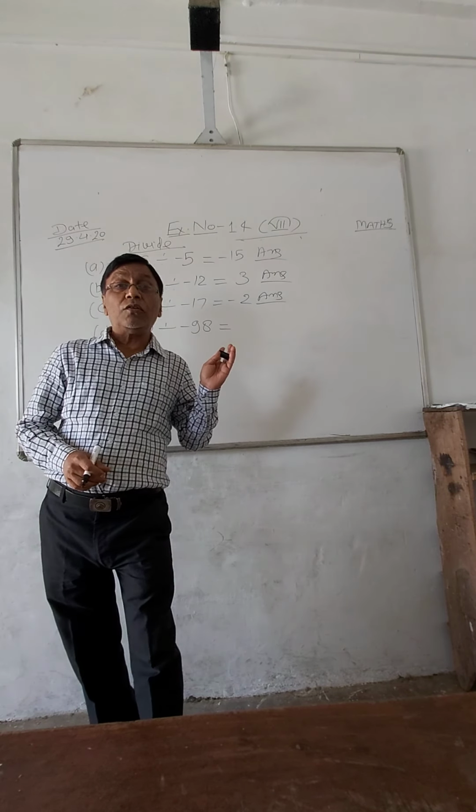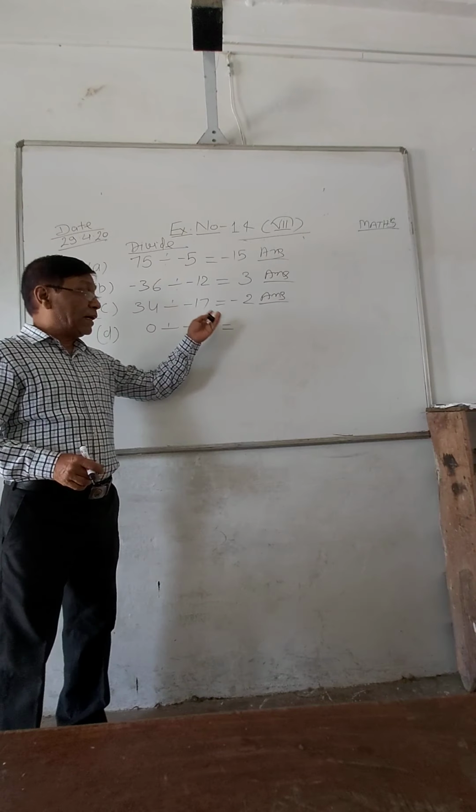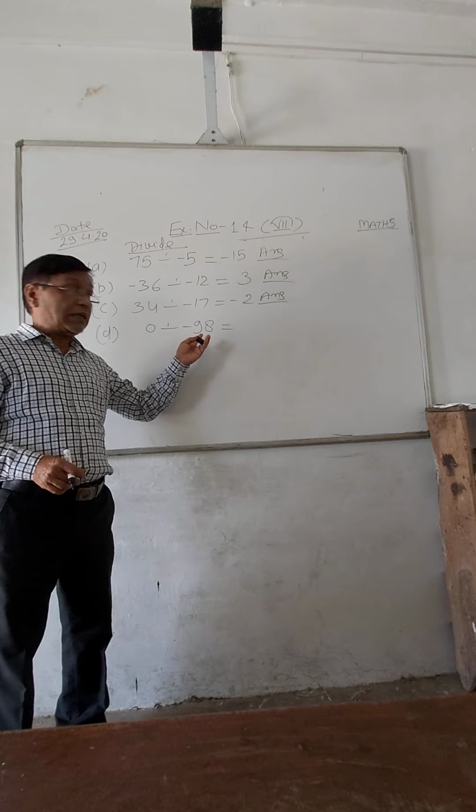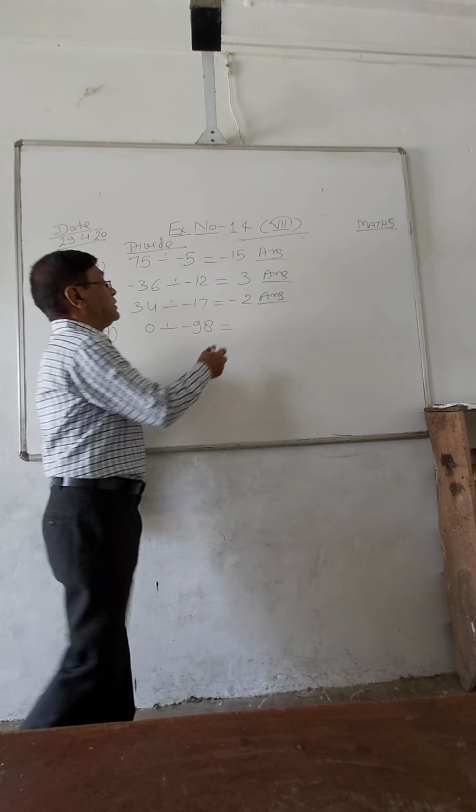So 0 is to be divided by minus 98. So first you divide 0 by 98. So the answer will come 0.